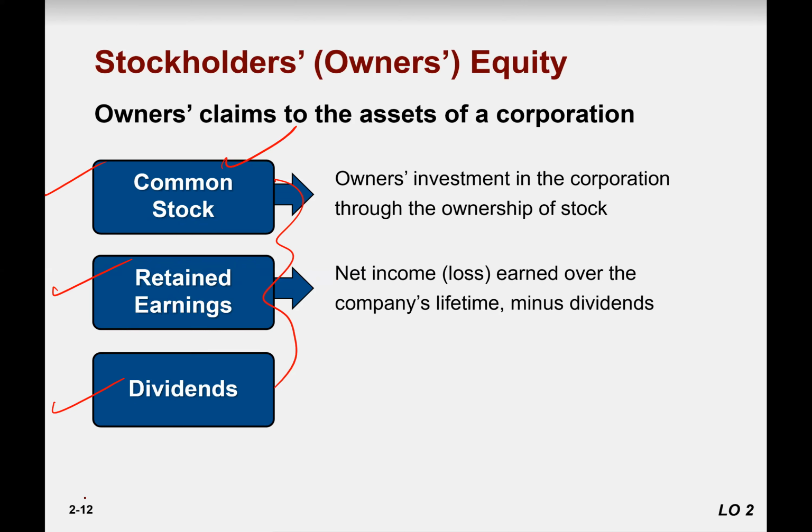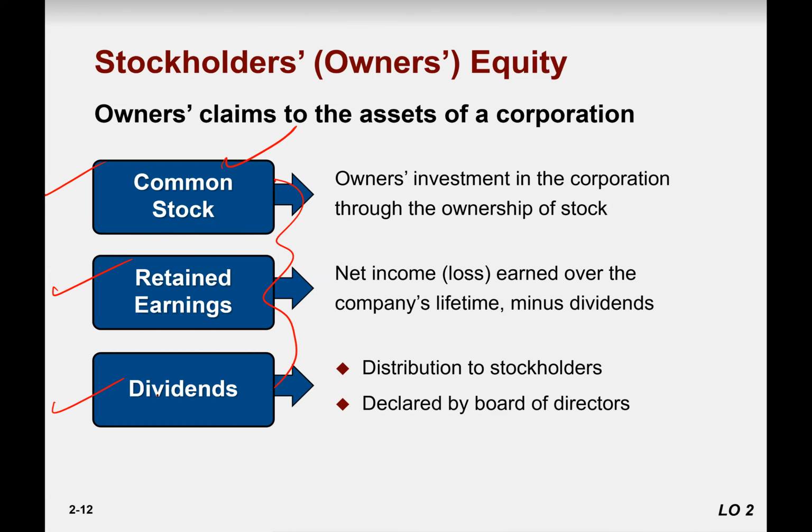And dividends: it is the distribution to the stockholders, right? One thing is that dividend is not pre-declared, it is declared by the board of directors in the annual general meeting. So they decide whether this year we want to pay or not, or how much we want to pay.